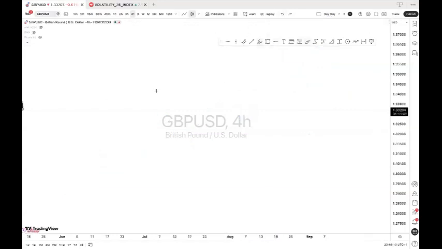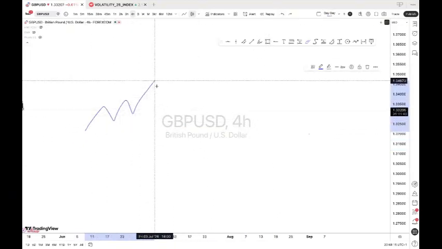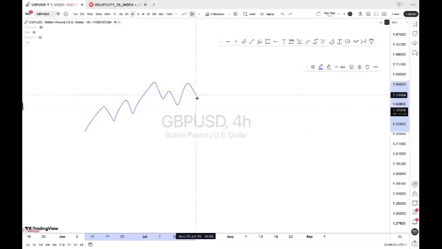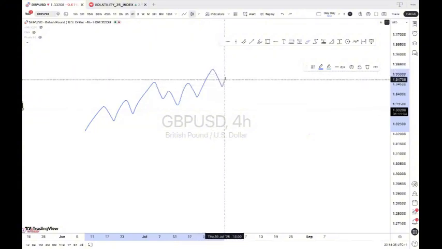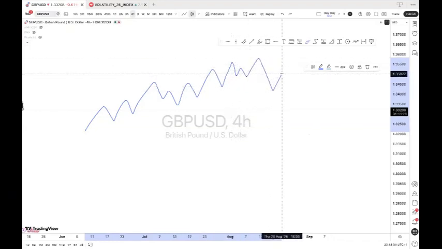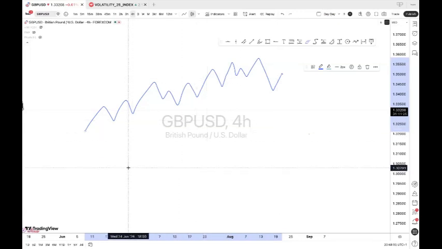I might have to make this smaller. Sorry, I just like big things. So a lot of people do not know when a trend is about to change, right? They do not actually know. So this is what we're going to be looking at now. So how do we take trend reversals?